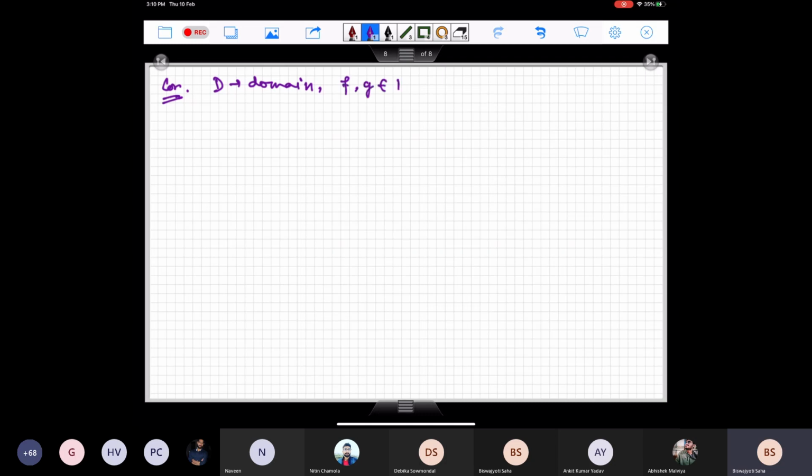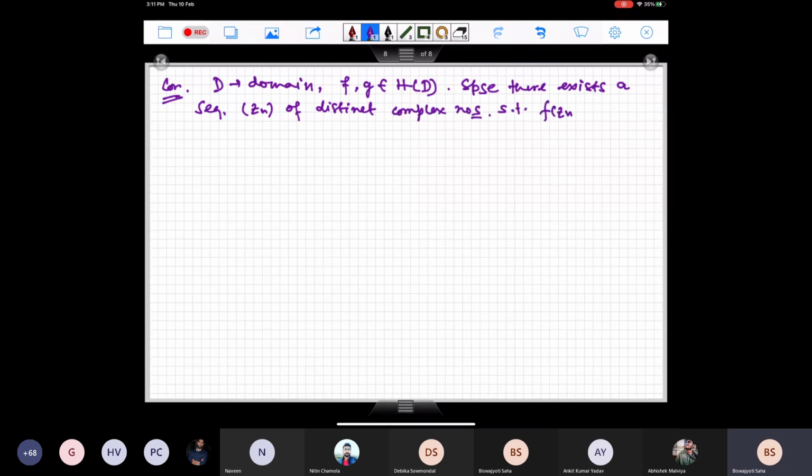Let f and g be holomorphic functions on D. Suppose there exists a sequence z_n of distinct complex numbers such that f(z_n) is equal to g(z_n), and z_n goes to z_0 for some z_0 in D. Then f is identically g on D.